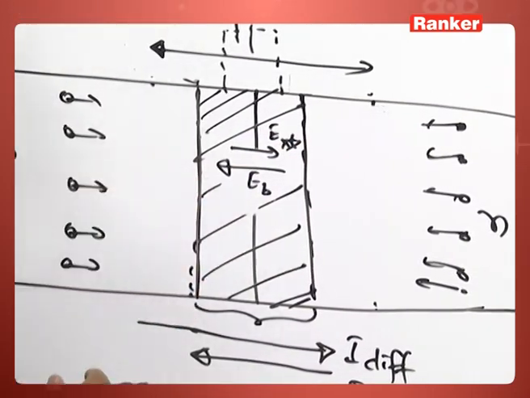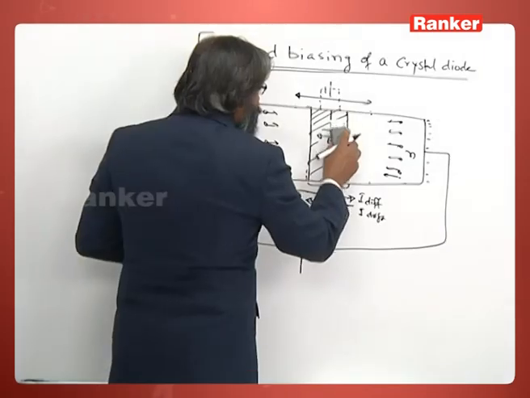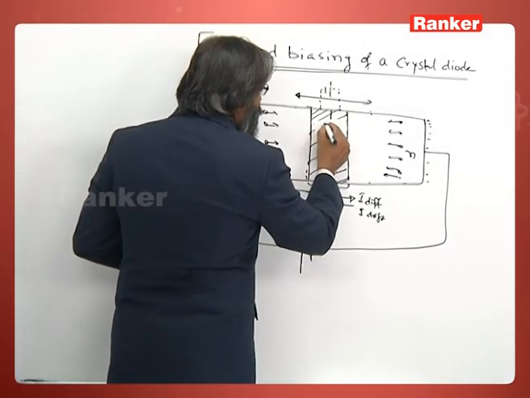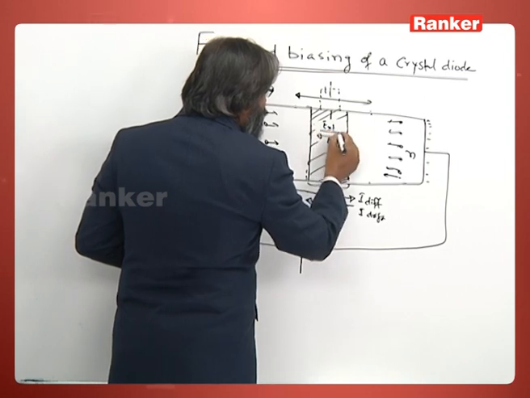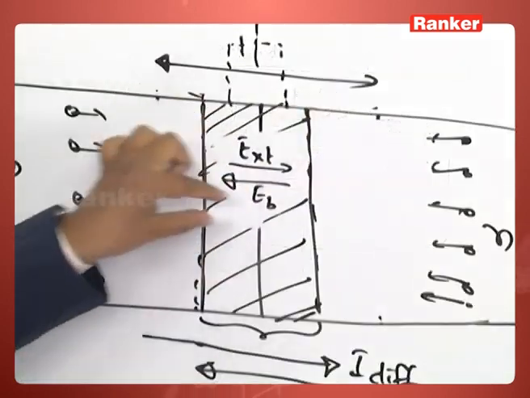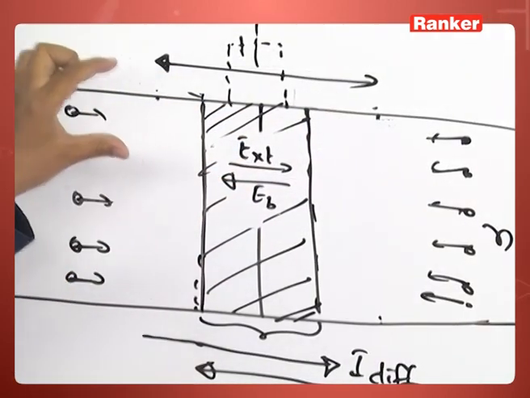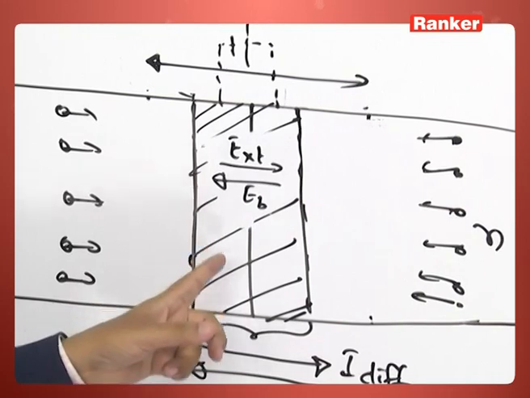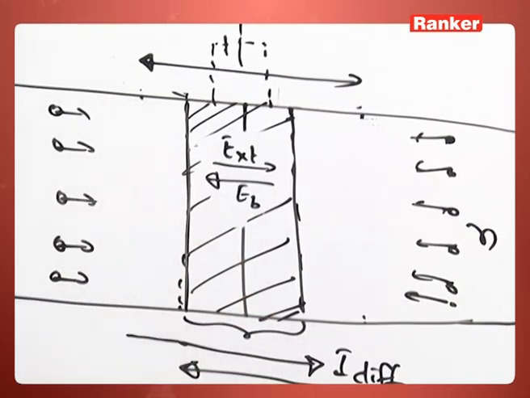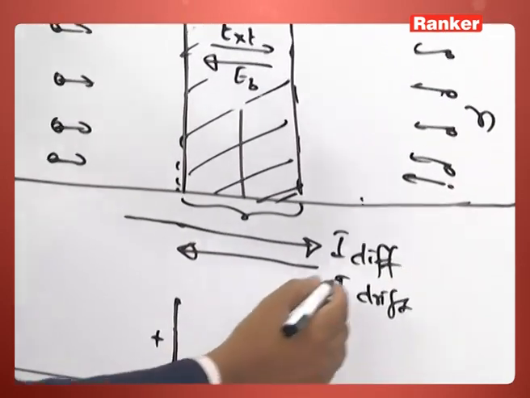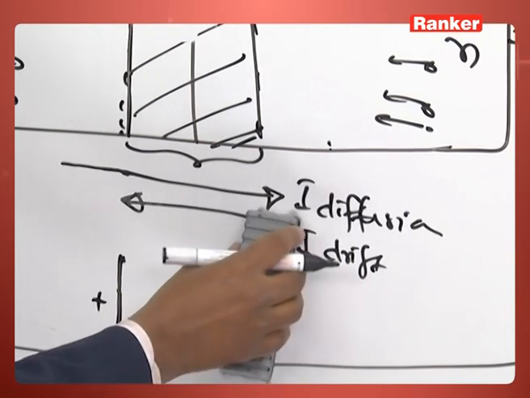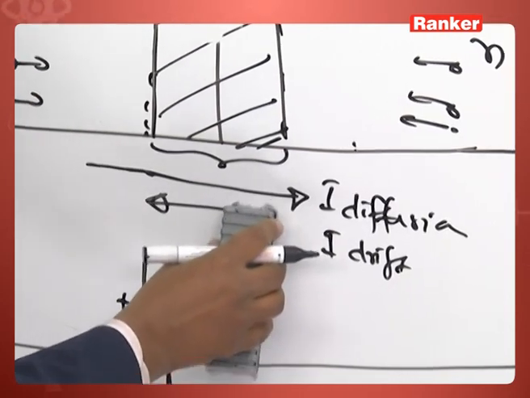So there are two fields now here, this barrier field and the E external field in this direction. So the net field will be somewhat reduced, as a result the drift current reduces. So not only does the diffusion current increase, but you see the drift current decreases also.